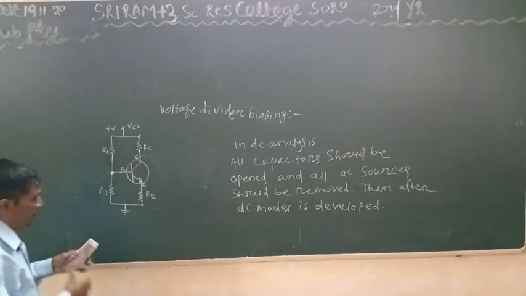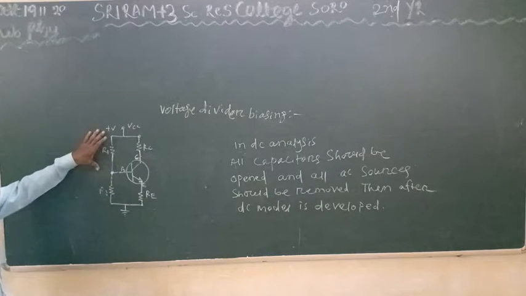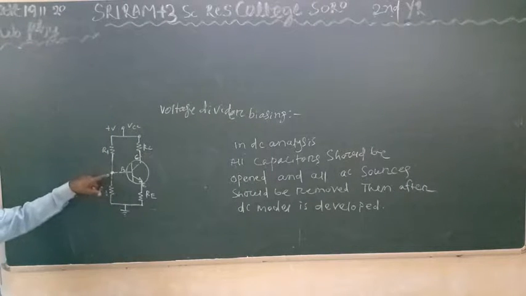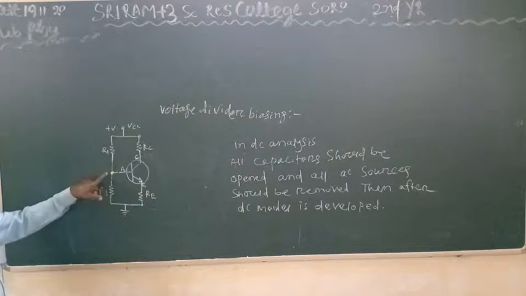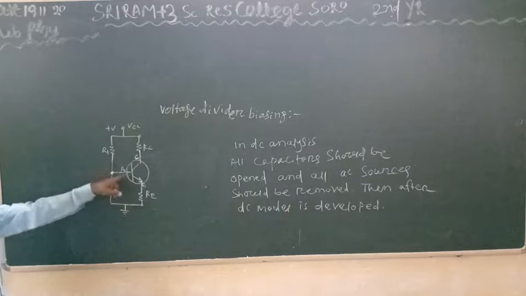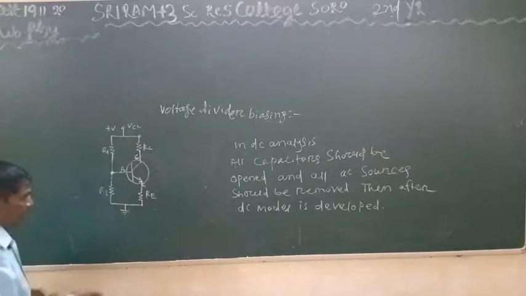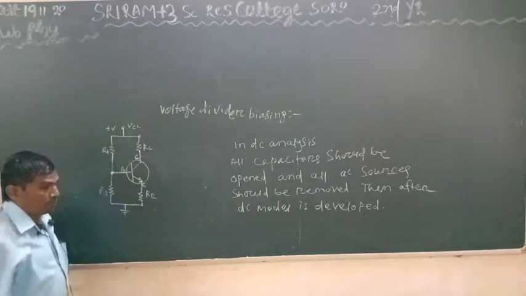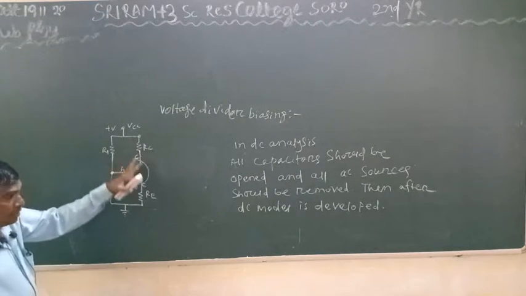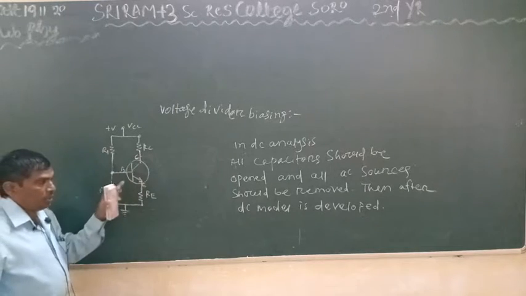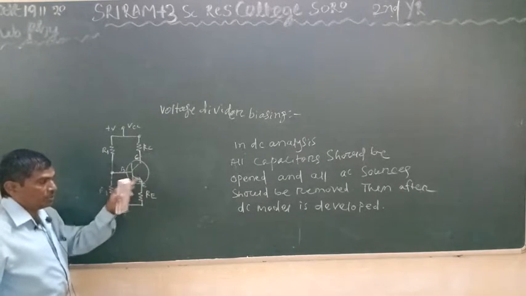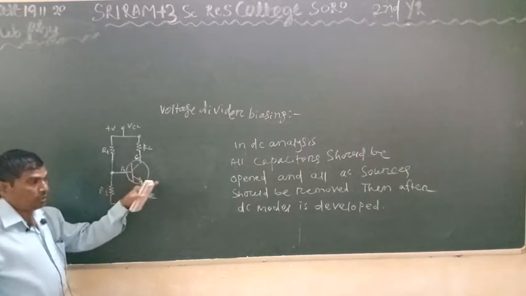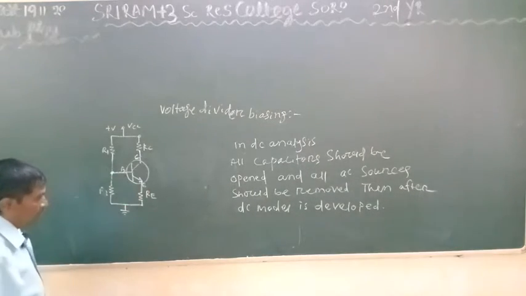Here the voltage from positive and from negative are divided at this point. This divided voltage connects to the base terminal. So this dividing circuit is known as the voltage divider biasing circuit. This circuit is widely used in amplifier circuits.